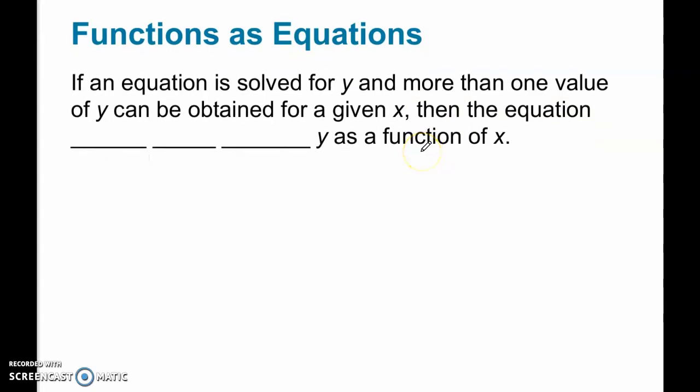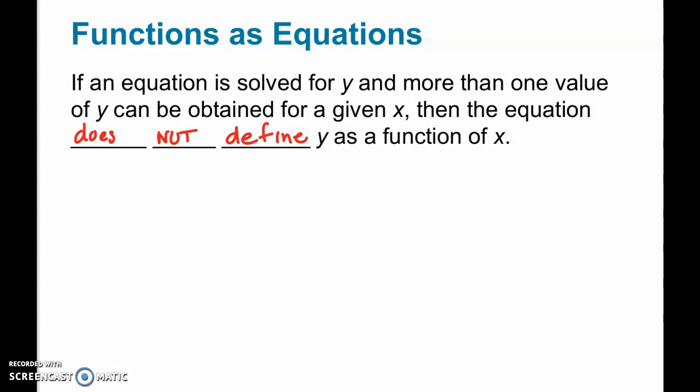Let's fill in the blank here. If an equation is solved for y, and more than one value of y can be obtained for a given x, then the equation does not define y as a function of x.